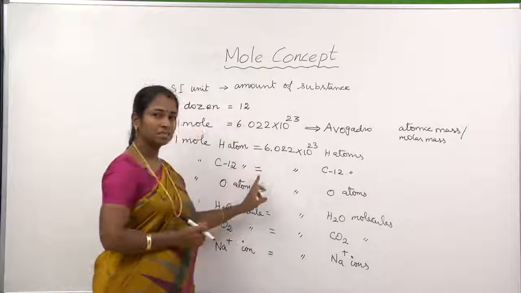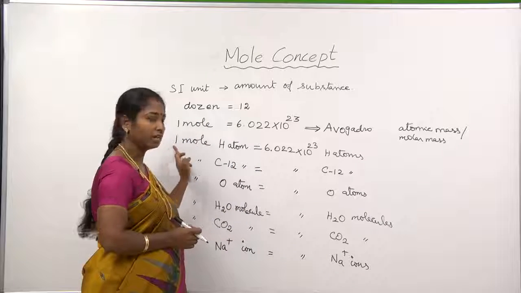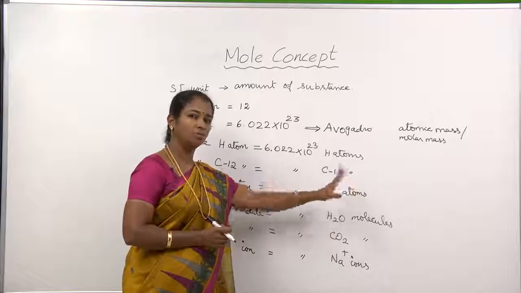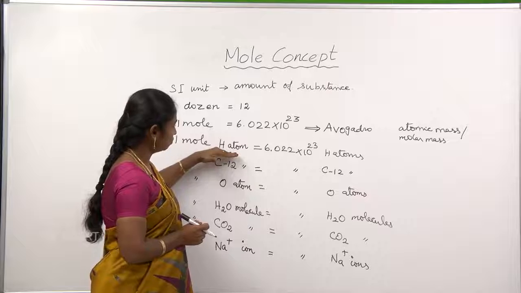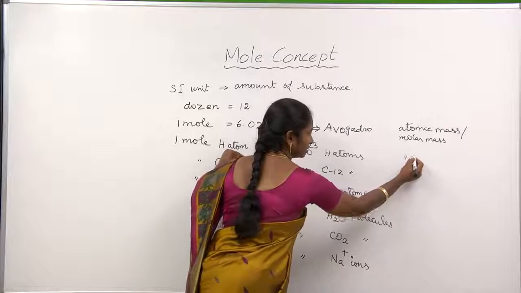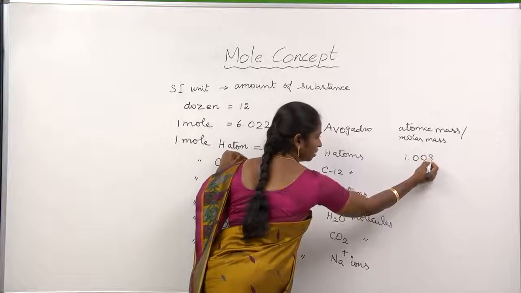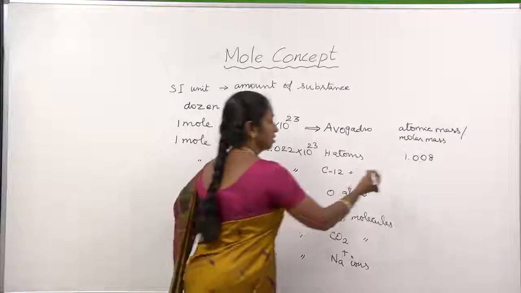So, the mass of 1 mole of the substance is called its atomic mass or molar mass. Say for example, the mass of 1 mole of hydrogen atoms is 1.008 and that of carbon-12 isotope is 12.